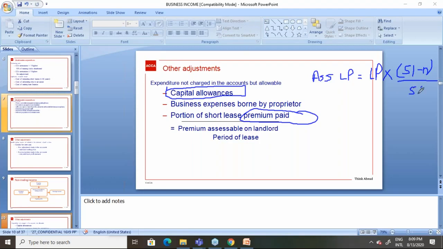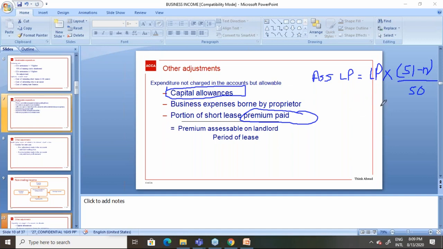This is one way of calculating the assessable lease premium. If you are the landlord, the owner of the property, and you receive a premium, it's an income. Under property income, you have to pay taxes. However, the full lease premium will not be assessed. Instead, you will be taxed on a reduced lease premium, and this is one way of calculating it.